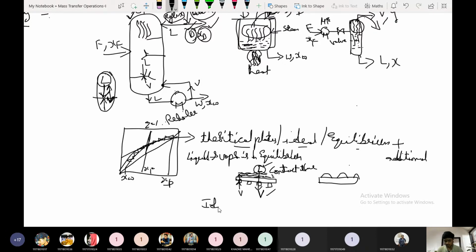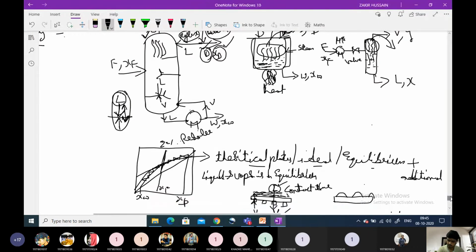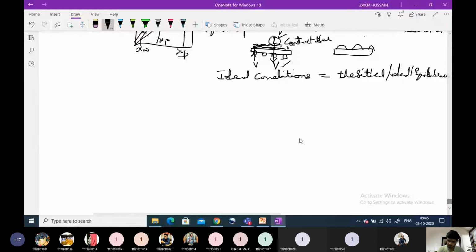Under ideal conditions, the theoretical, ideal or equilibrium plates are estimated through the graphical procedure. So these will be the ideal plates or equilibrium plates.